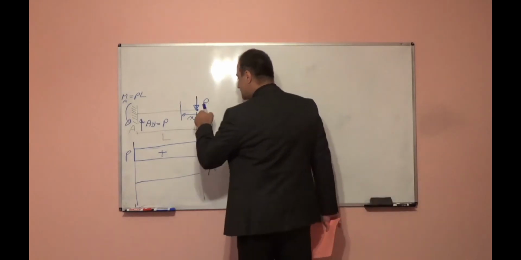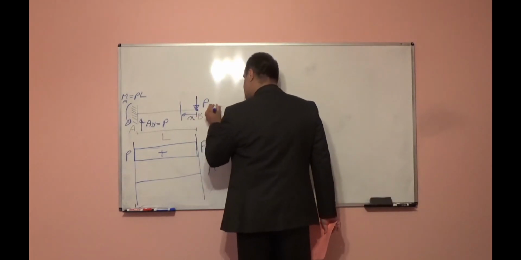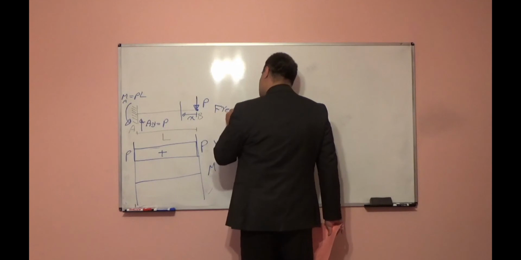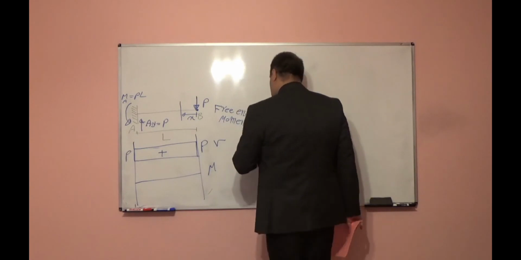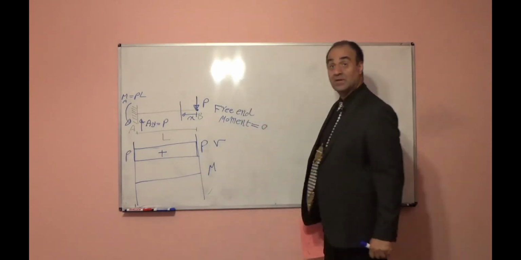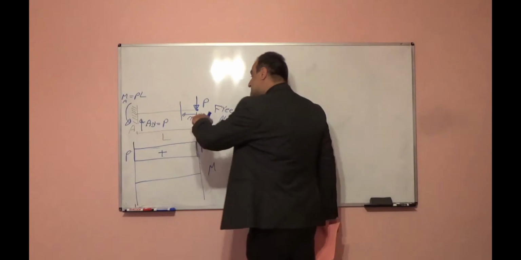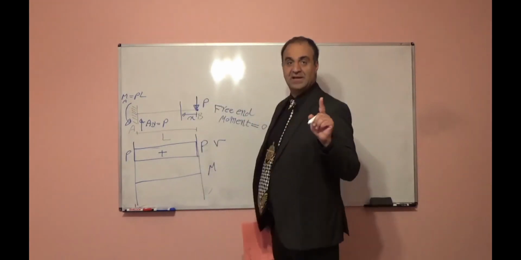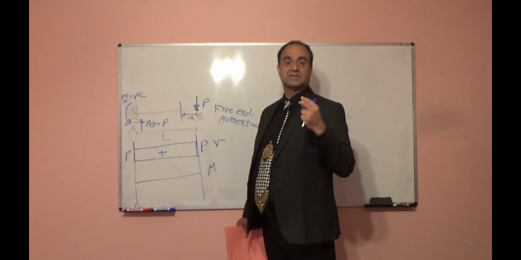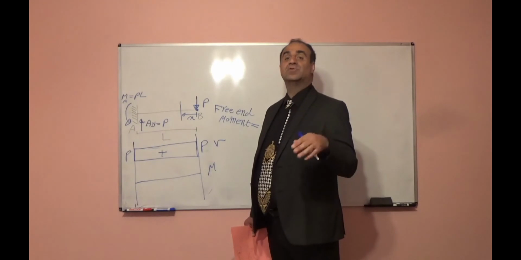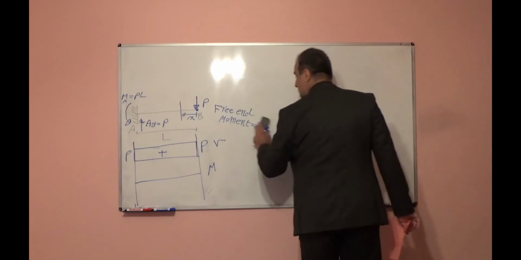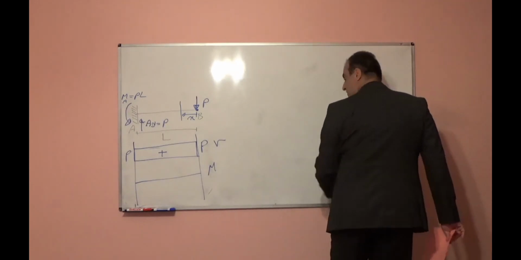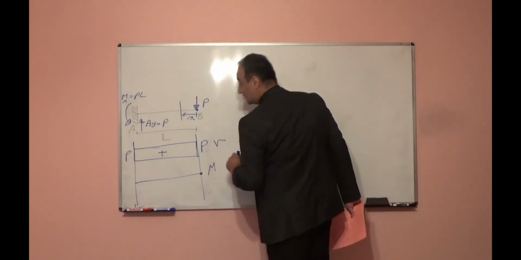So always at a free end, moment is equal to 0. If I apply a concentrated moment at the free end, it will be equal to the concentrated moment. But if I don't apply anything, free end moment always is equal to 0. So at point B, moment is 0.